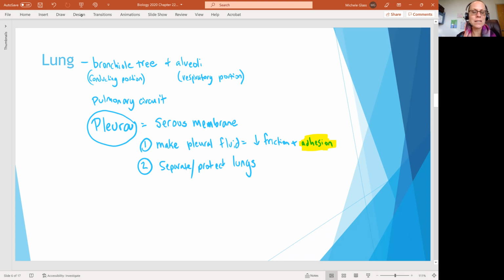We always are seeing this pattern where our organs are surrounded by a connective tissue layer that are doing two seemingly opposite jobs. One is making it a separate organ, but also in some way connecting it back into the body. And so we see that here as well. When we talk about the serous membrane, when we talk about the pleural membrane, what we're talking about is you have both a parietal pleura and a visceral pleura.